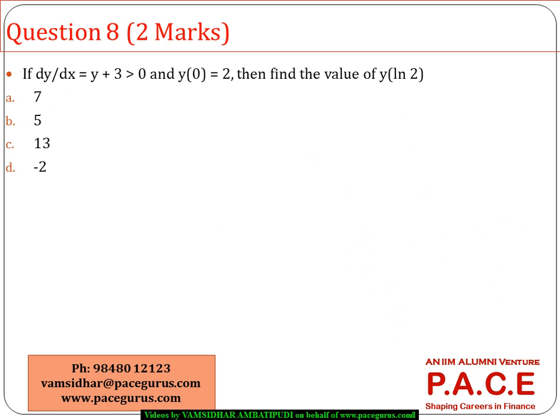If dy by dx is equal to y plus 3, y is greater than 0, and y of 0 equal to 2, find the value of y at log 2. Dy by dx equal to y plus 3. It's a straightforward thing.